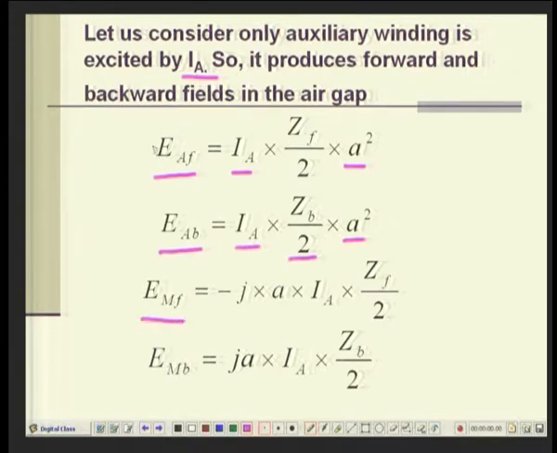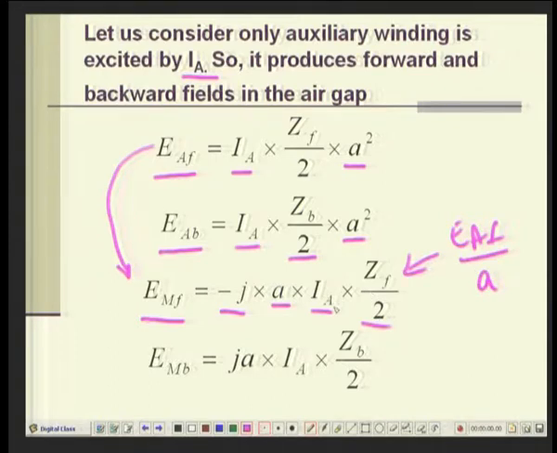The main winding is lagging the auxiliary winding by 90 degrees, so it will be minus j, and since it does not have the same turns, it will be EAF by A. So it is not A square, it is IA ZF by 2 divided by A. The magnitude will be EAF by A, because it has fewer turns.